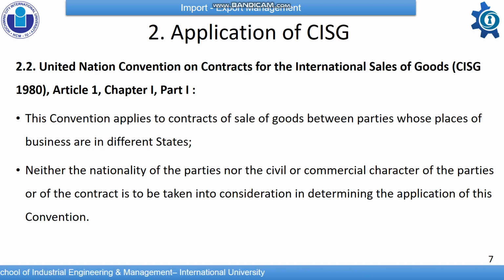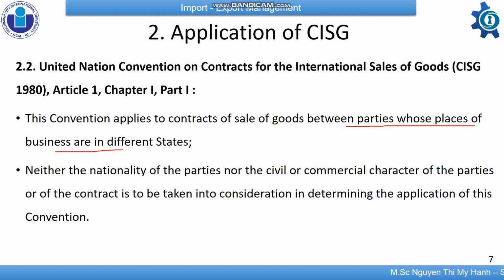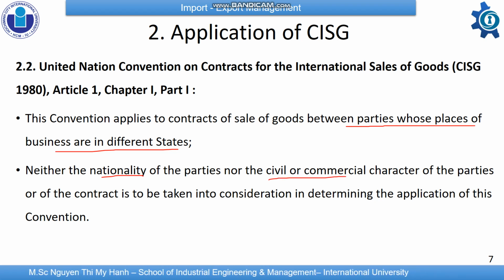So we can see that this convention only mentions the parties whose places of business are in different states. They don't mention the nationality of the party or the civil and commercial character of the parties.